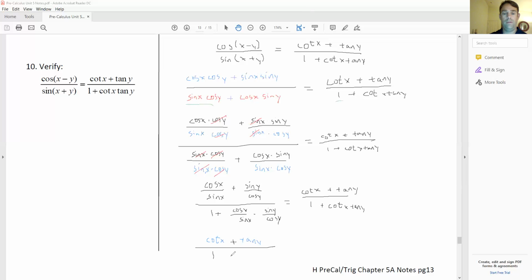And then we have cosine x over sine x, that's going to be cotangent x, and sine y over cosine y, that would be tangent of y. And friends, it looks like we have now completed the proof.